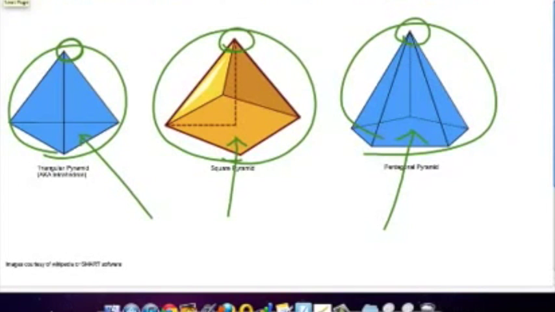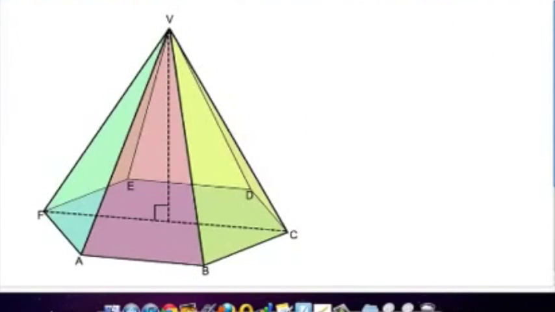Now, we're going to get into a little vocabulary when we're referring to our pyramid. First thing we need to talk about is the common point at which the lateral faces meet. That is known as the vertex.